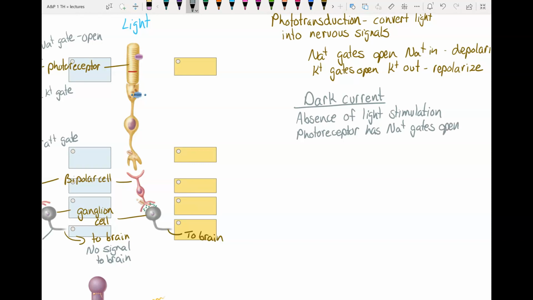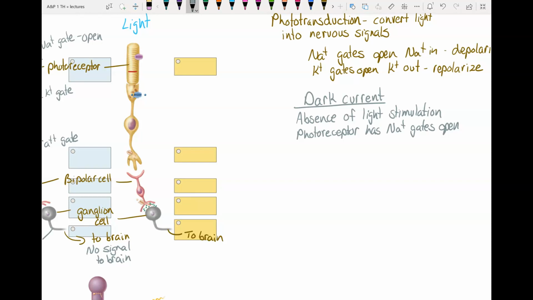This is the opposite of what we've learned before, of how everything else works. All the other receptors and neurons open their sodium gates in response to a stimulation. But with your photoreceptors, it's the opposite. They open their sodium gates in the absence of stimulation.